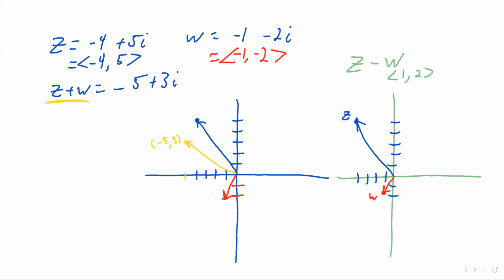So now instead of graphing it from here to here, I'm going to graph it from here to here. So now I get 1, 2. I am now here.